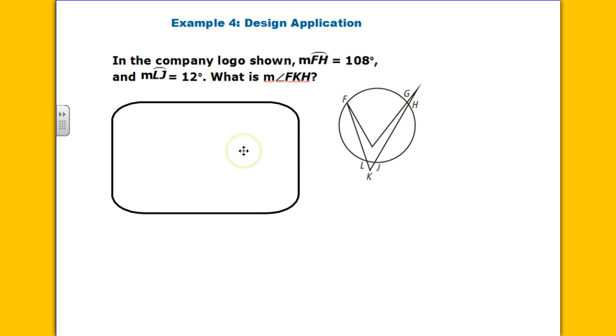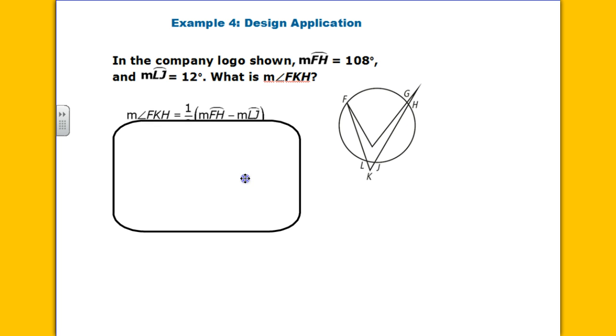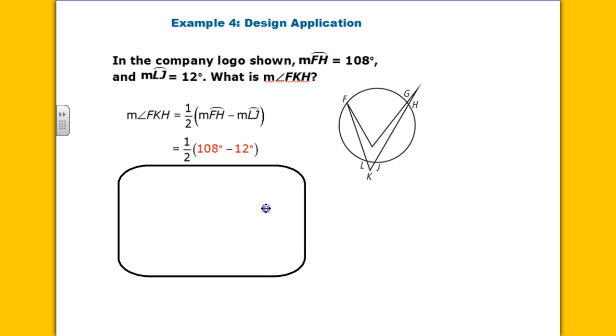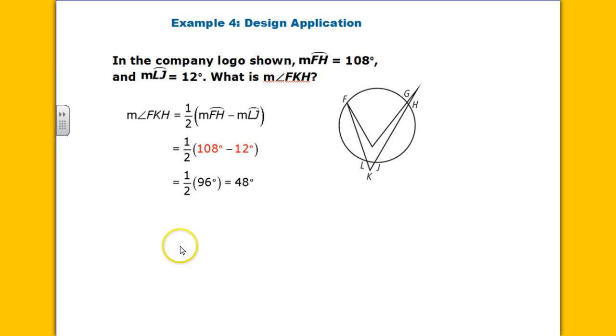So once again, we have the measure of this angle equals half of the difference of the major arc and this minor arc here. So let's substitute our known values. Half of 108 minus 12. And so you should have 48 degrees.